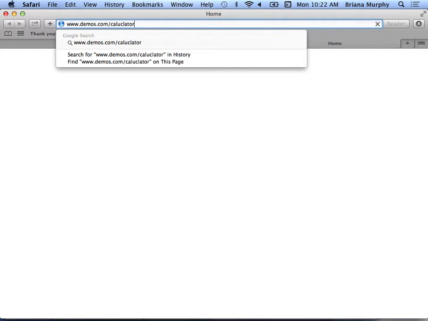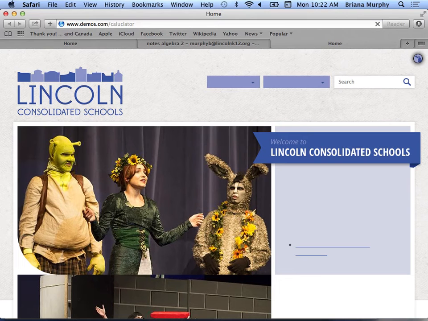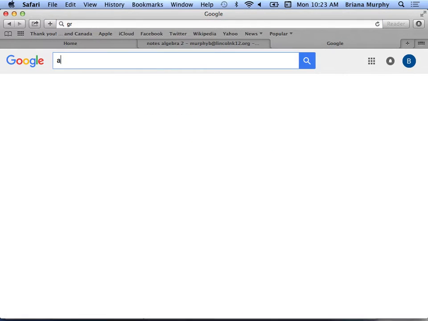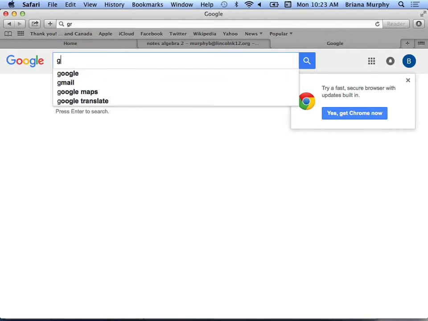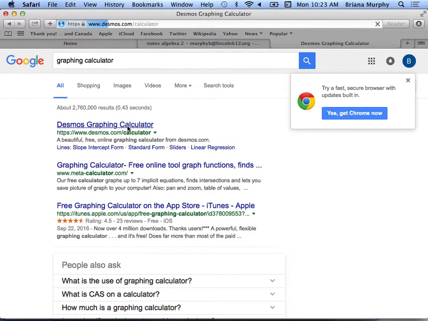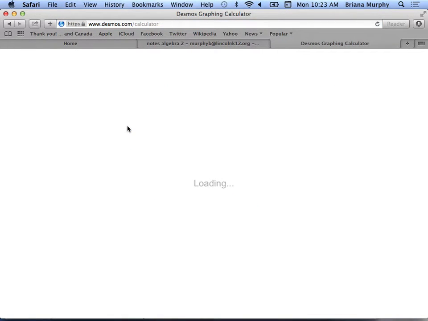This site, www.desmos.com/calculator. Not found. It's not letting me work. It must be a closed site on my. Let me try one more thing. If I hit Google, will it bring it up? Graphing calculator. Nope, not that. Graphing calculator. There we go. Maybe it'll bring it up this time. Let's see. There we go.